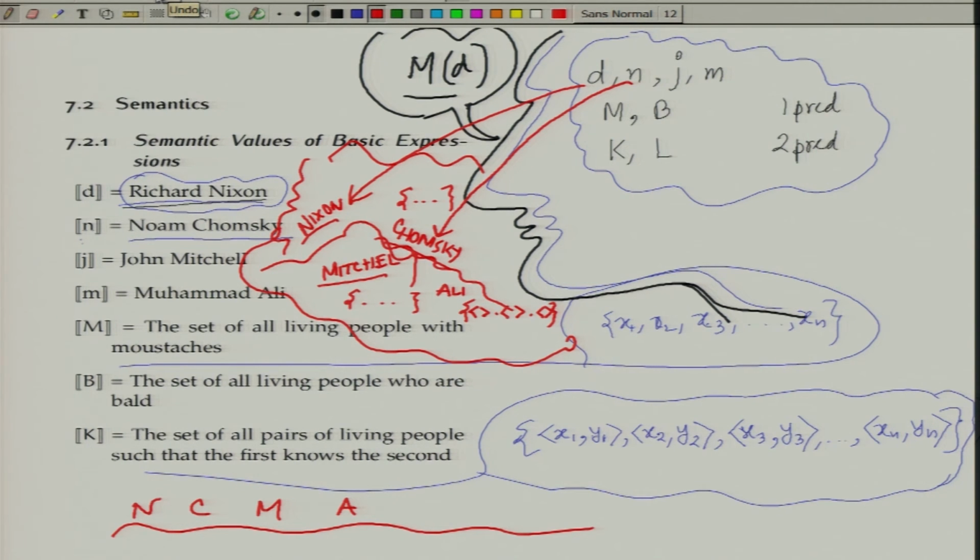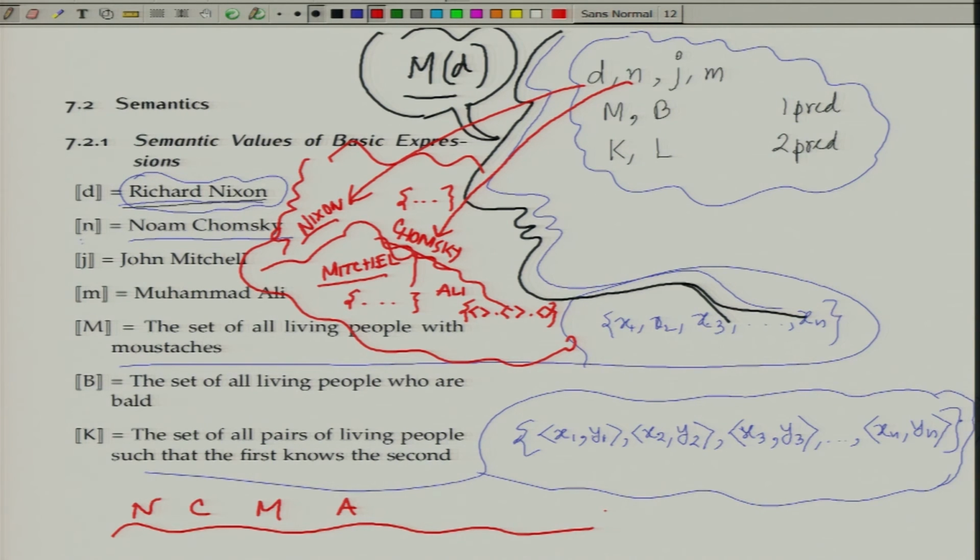What exists is NCMA: N, Richard Nixon, C, Noam Chomsky, M, John Michel, and A, Muhammad Ali. So the model consists of just 4 objects, and groups are defined on the basis of those objects. Those groups are our sets.